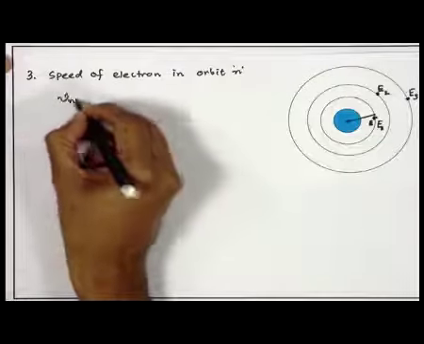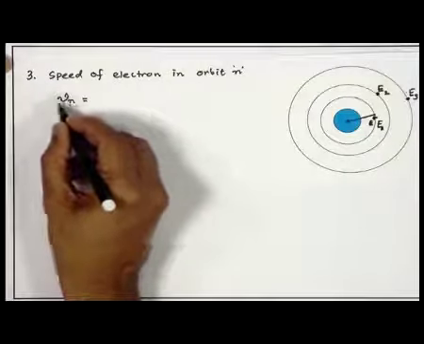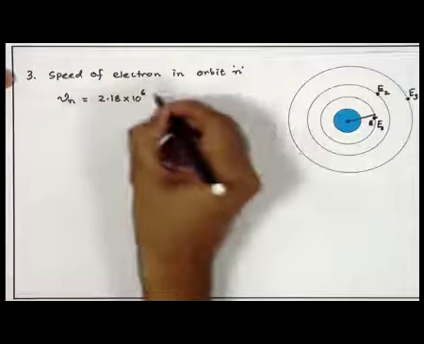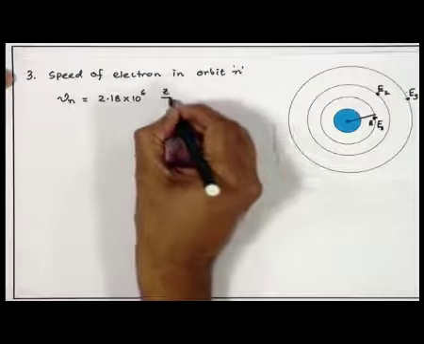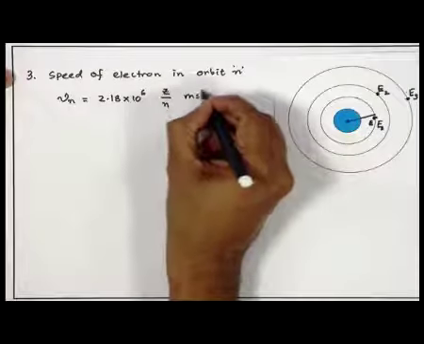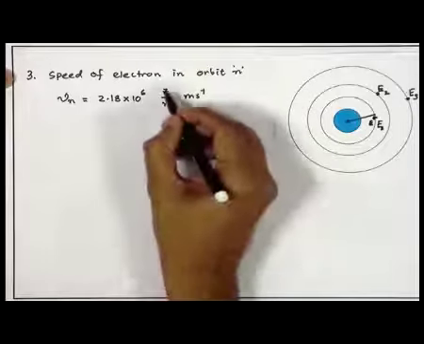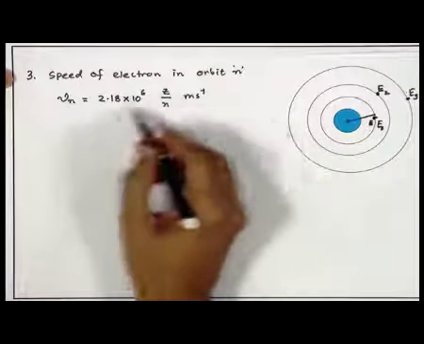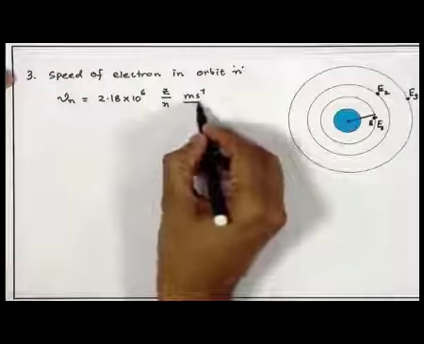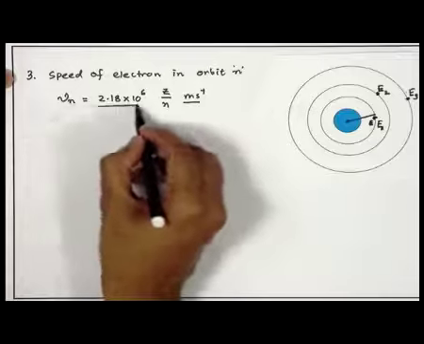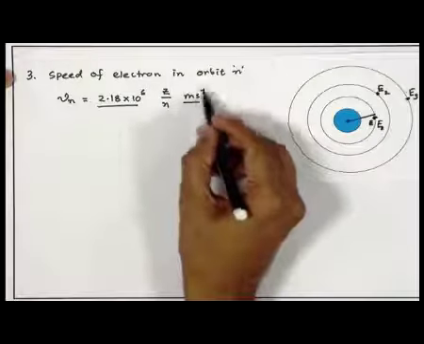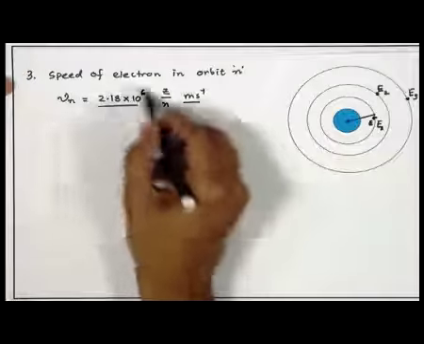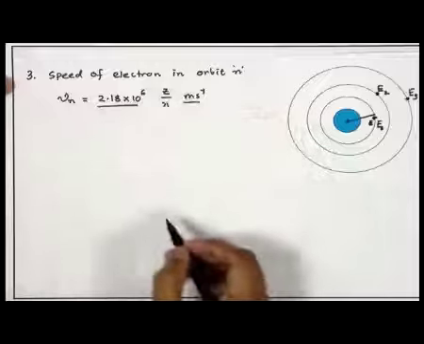This expression is given as V n, the speed of the electron in the orbit n, is 2.18 into 10 to the power 6 z divided by n meter per second. Again, z is a number, n is a number. So, they do not have any unit. So, the unit that we see here, meter per second, is coming from this term. If you want to convert this unit to any other unit of your choice, you can simply change this number in the new unit and it works.